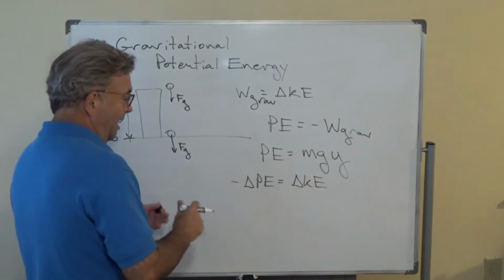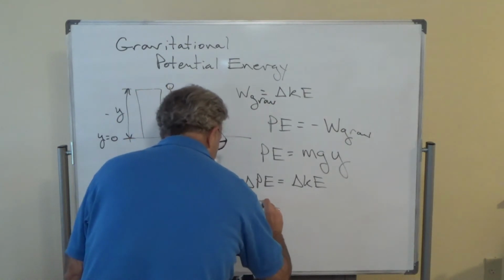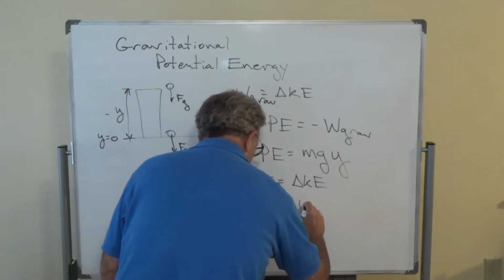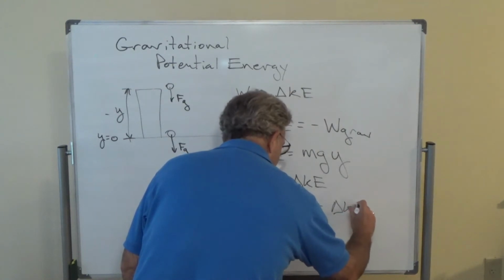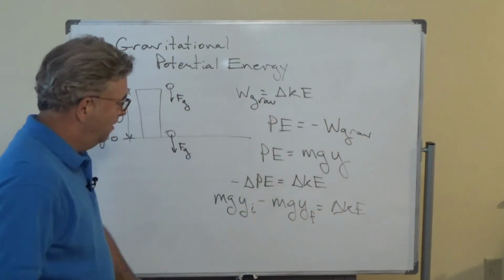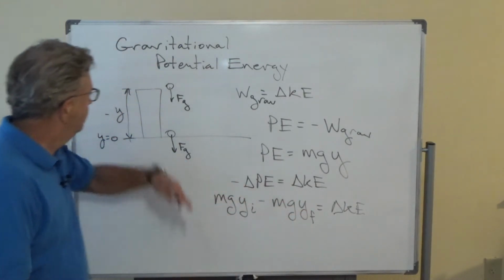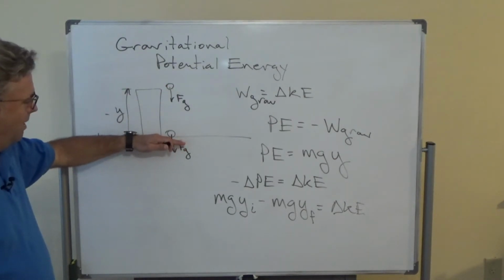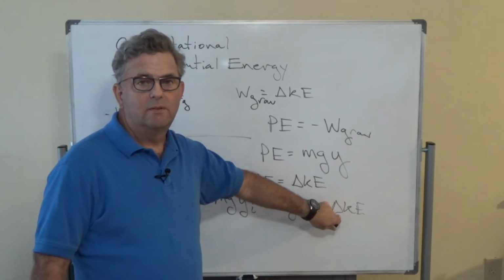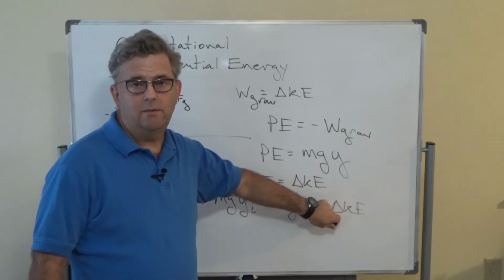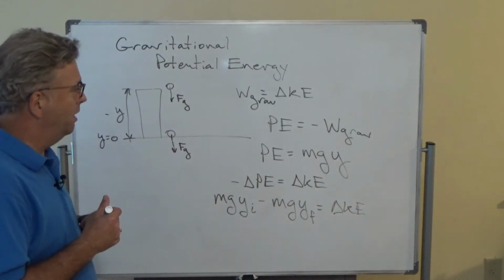So this says that mg y initial minus mg y final is equal to delta KE. This says if y initial is greater than y final, you get a positive change in kinetic energy, right? That makes sense. It's speeding up. That would be a positive amount of work done by gravity.